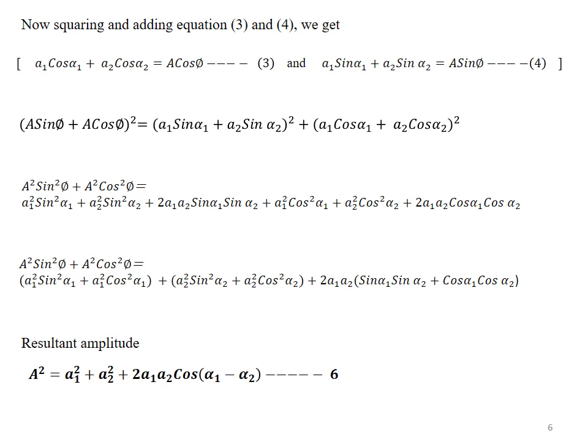Therefore, the resultant amplitude: LHS A square is equal to RHS a1 square plus a2 square plus twice a1 a2 cos(alpha 1 minus alpha 2), equation number 6.